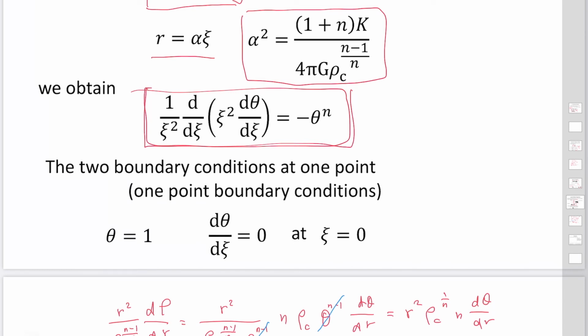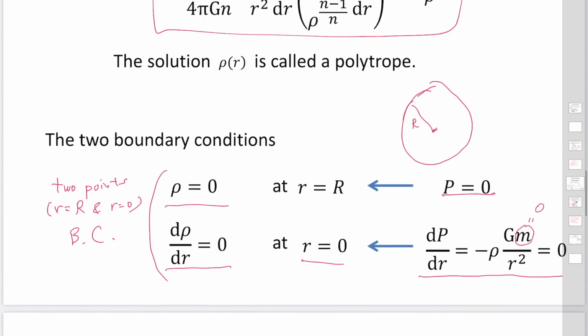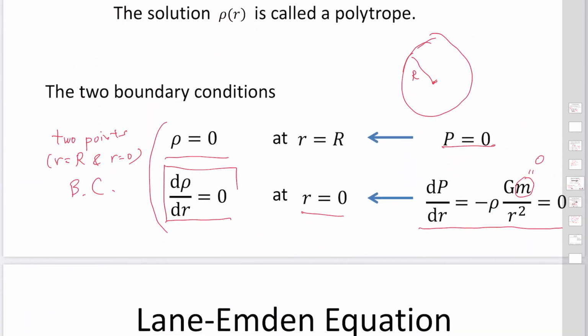And the boundary conditions at z equals 0, which corresponds to r equals 0: the derivative becomes 0. So this is exactly equal to the derivative equal 0 at r equals 0. But the really big difference is here.